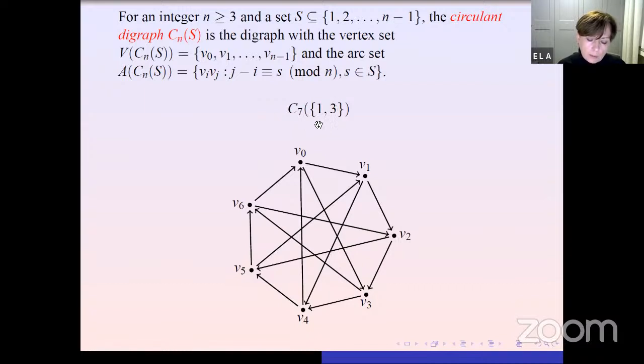So what does it mean that 1 is in the set S? This means that we have a Hamiltonian cycle, because every 2 vertices whose indexes differ by 1 can be joined by an arc. So always if 1 is in the set S, this means there is a Hamiltonian cycle. And next we have 3.